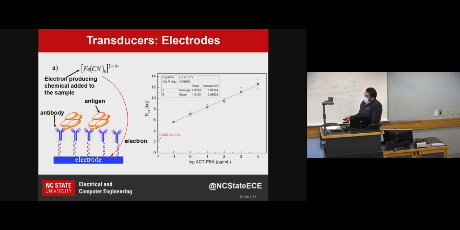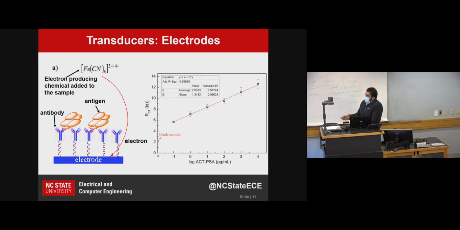In the same sample, you purposely add an additional chemical, and this chemical is the one that actually produces the electron. So you have the electrode and this chemical that produces electrons, but between this species and your electrode, you have a non-conductive barrier. First you have the antibodies and then you have the antigen.